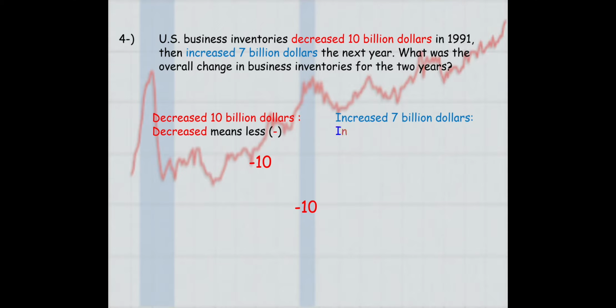Increased $7 billion. Increased means more. So it is positive 7. Now, when we need to find the overall change, it means the difference in the change. So it is negative 10 plus positive 7. So the change is negative $3 billion in total.